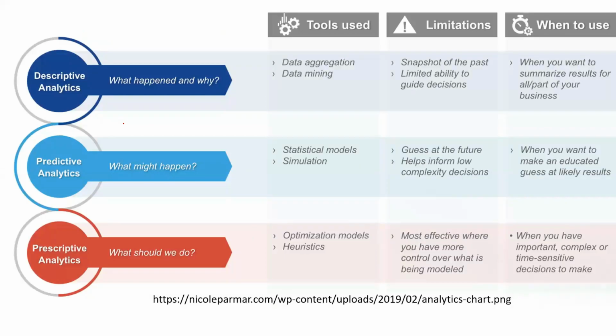Another difference these days, if you see analytics, there are three categories of analytics. One is called descriptive analytics, then predictive analytics, and prescriptive analytics. Anyone who knows the difference between the three? Descriptive, predictive, and prescriptive.